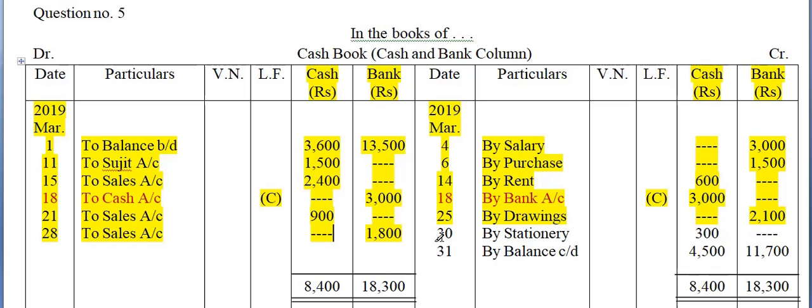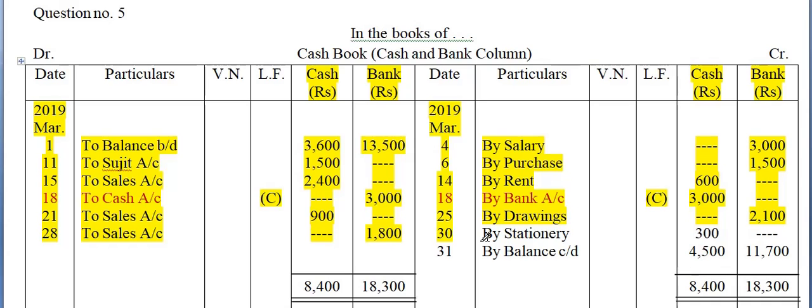And on 30th of March, you can see that you are purchasing stationery, but no information is provided. Just like on 14th March, it's only paid rent. So it will be through cash, isn't it?